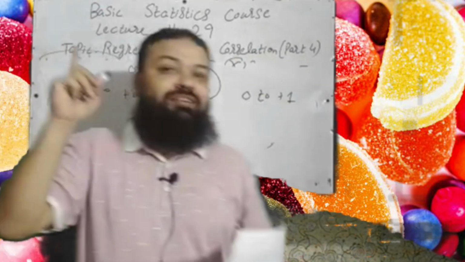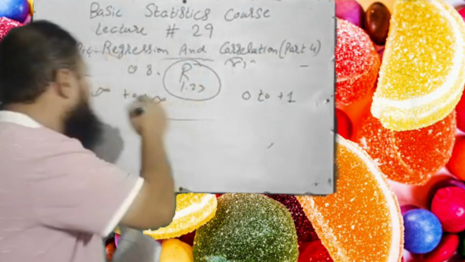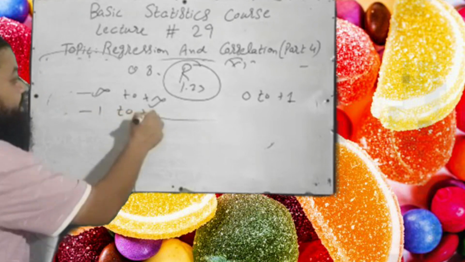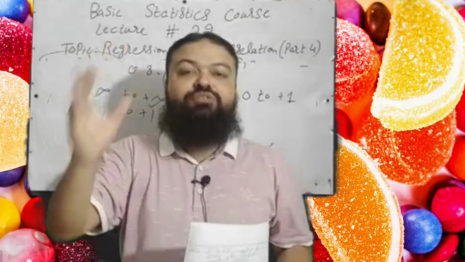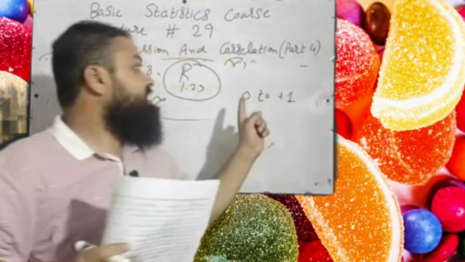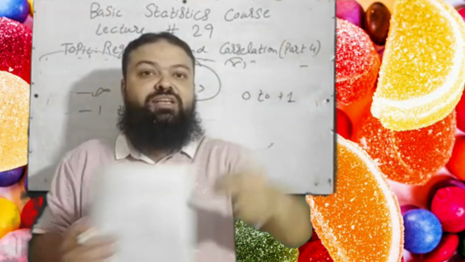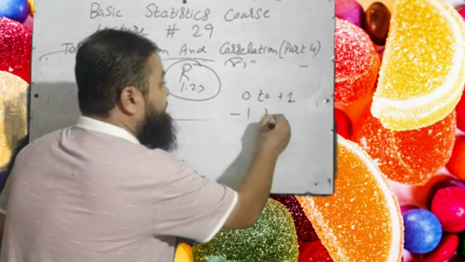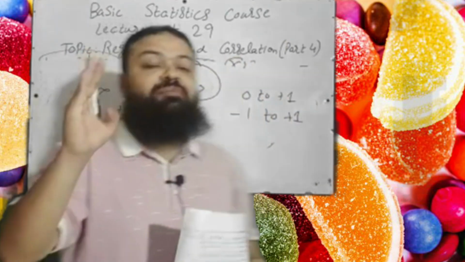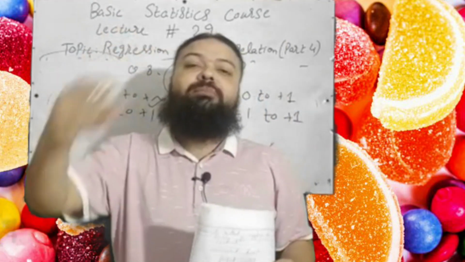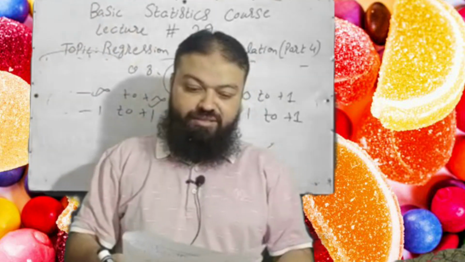If they ask what is the range of the correlation coefficient, that is minus 1 to plus 1. If they ask what is the range of the multiple correlation coefficient, that will be 0 to plus 1. And the range of the partial correlation coefficient is from minus 1 to plus 1. These 4 concepts are very important for all the papers of statistics.